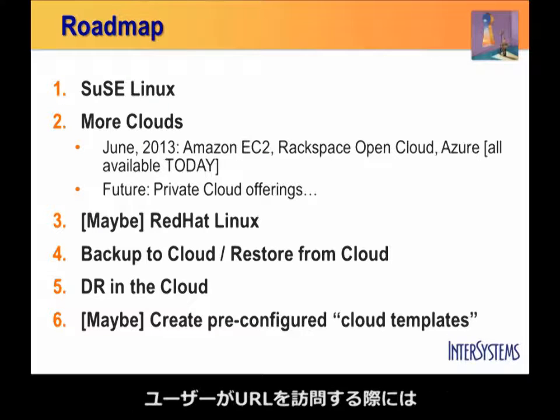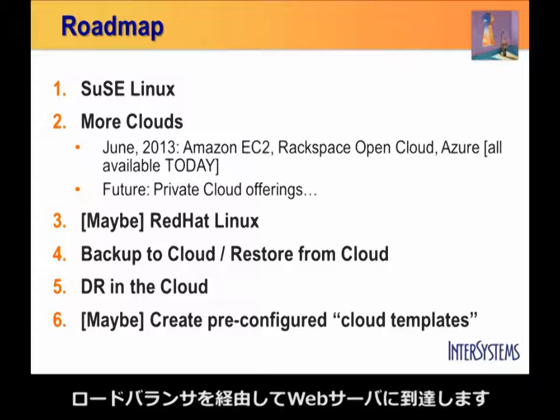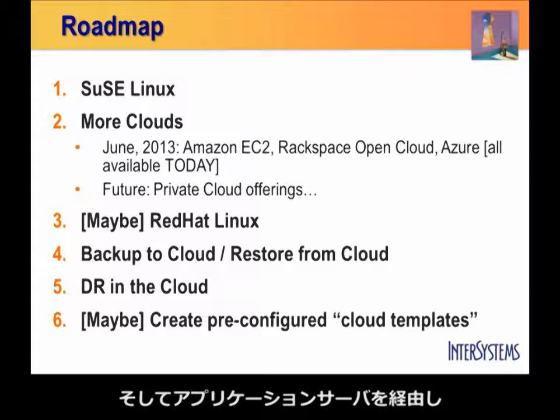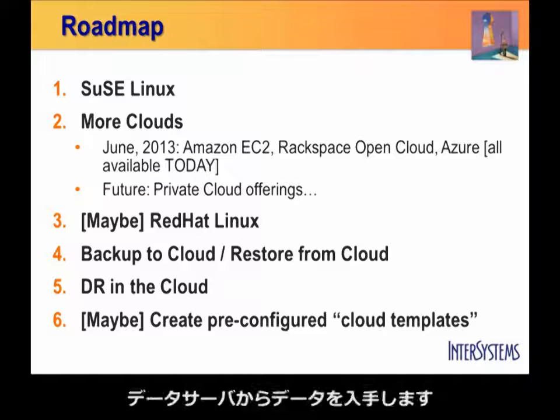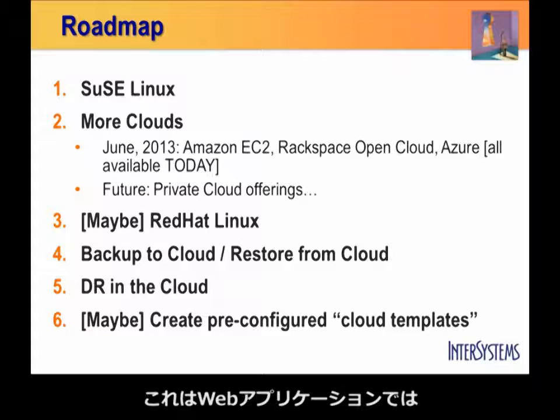So the users go on the URL, which comes in through the load balancer, goes to the web server, goes to the application server, gets the data from the database server, and then goes all the way back. That's a pretty common deployment architecture for web applications.